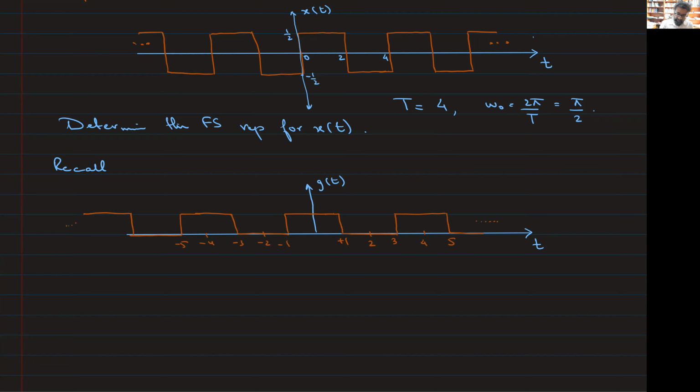And g of t has Fourier series coefficients, and take my word for this, they are given by a_k equals sine of k pi by 2 divided by k pi whenever k is not equal to 0, and is equal to half when k equals 0.